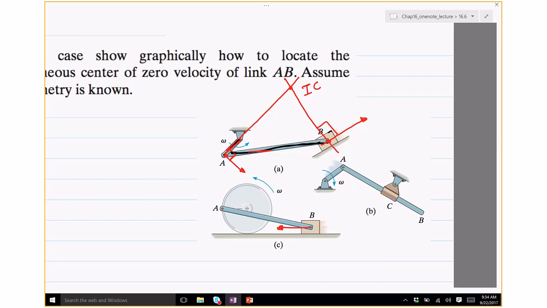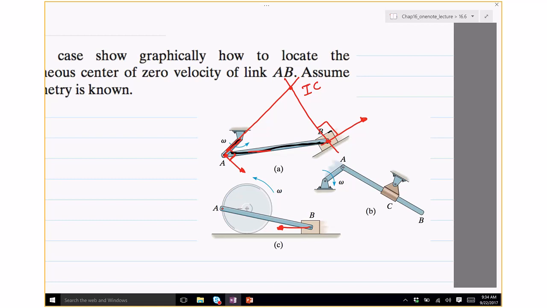Is B fixed? Okay, the circular disk is fixed to the point A with a pin joint. The slider is fixed with a pin joint. This can roll on the surface. When this rolls, this slides.